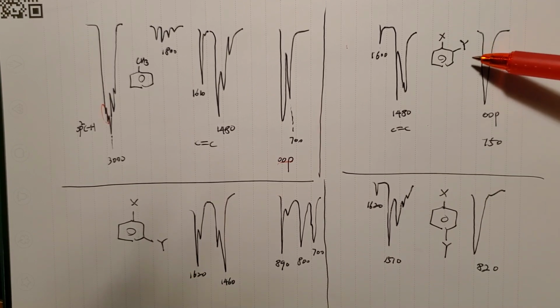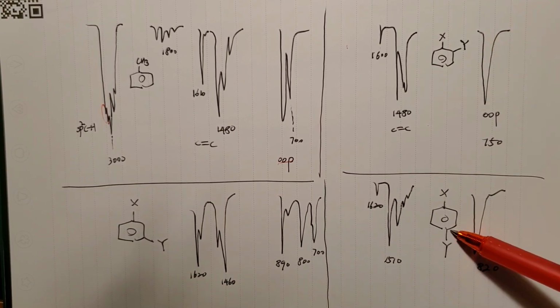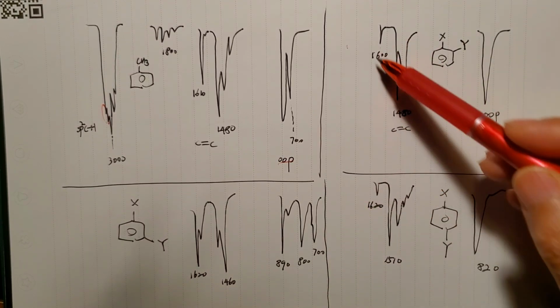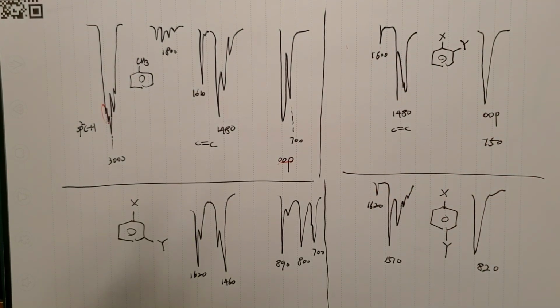Also for symmetrical para, about the same thing happens. 1620, the stretching mode of the ring is becoming less because the molecule is not as polar, basically, right? Why are they not intense?